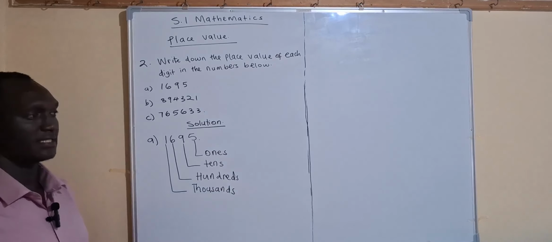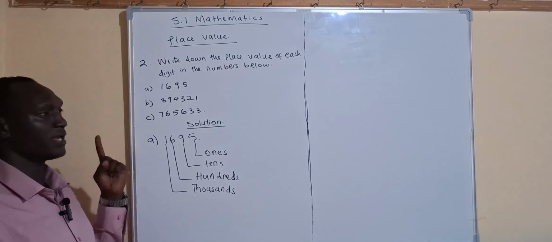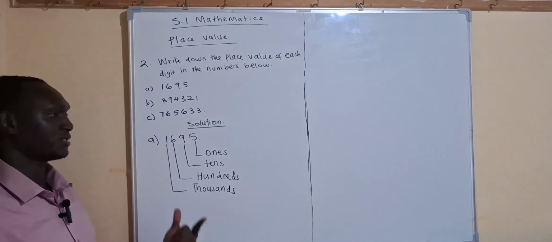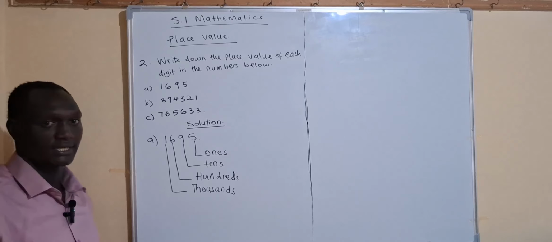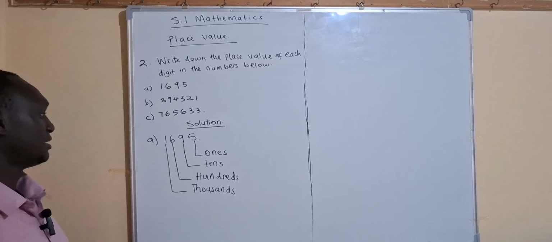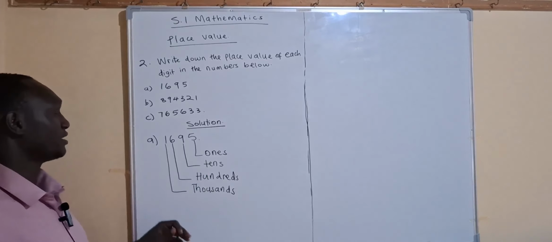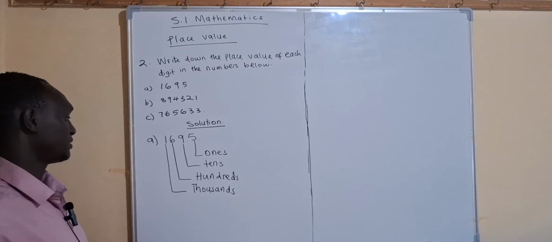This tells us that there is only 1000 in that number, and therefore that is the answer. These are the place values for each of the numbers.